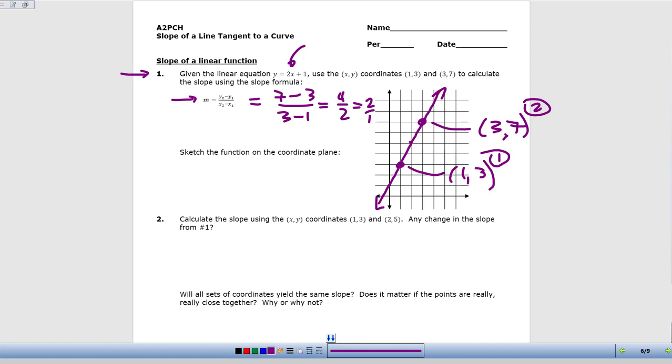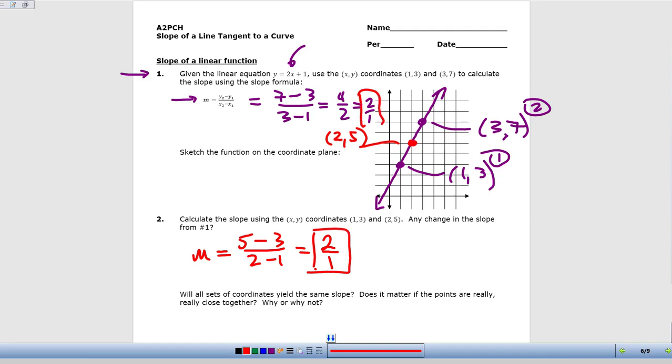If we now use a second set of points, so if I choose this as my point 2, (2, 5) instead of (3, 7), and we do the same calculation, we're going to have 5 minus 3 over 2 minus 1, which gives us 2 over 1. So we get the exact same slope as before.